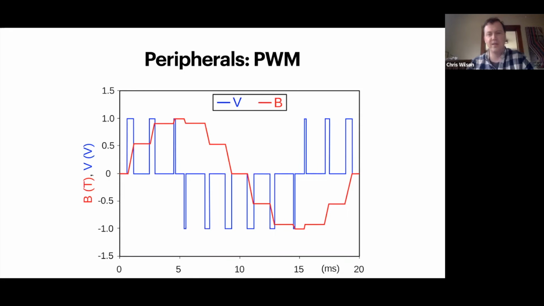I used this on one project to output audio, and it works pretty well because these pulses can happen really fast. You can run these pulses at like 80 megahertz, and so you can derive the analog signal that you want.